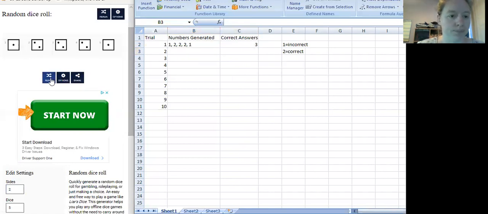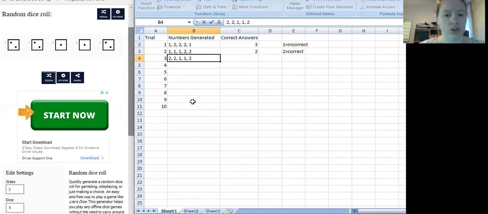Roll it again. 1, 1, 2, 1, 1, 2, 2 correct. Roll it again. 2, 2, 1, 1, 2, 3 correct.